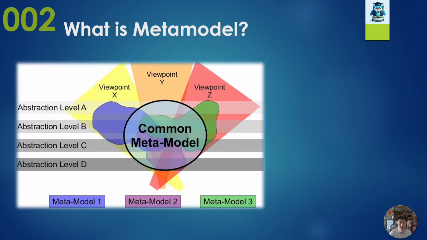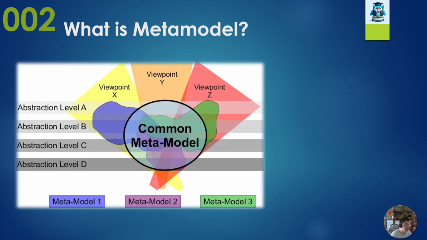So the first concept within this video is the term metamodel, because this is an interesting word in English, and other languages also try to interpret it with their own meanings. I use this nice picture I found on the web.